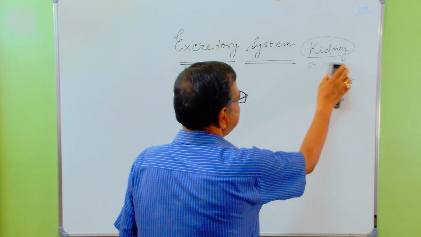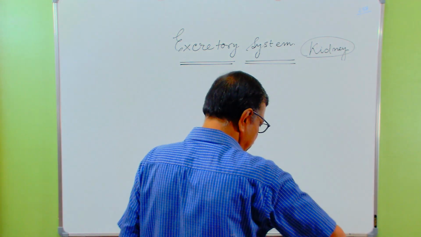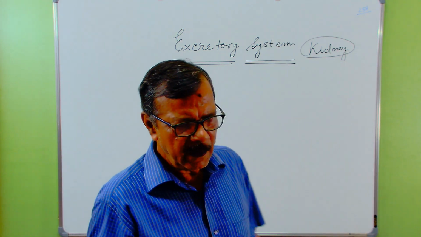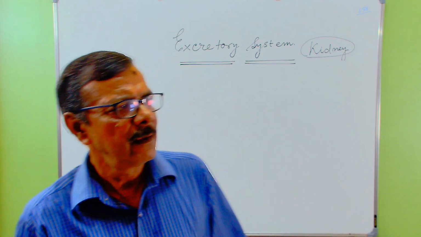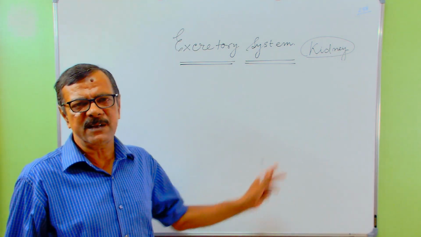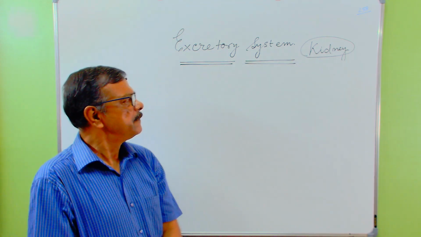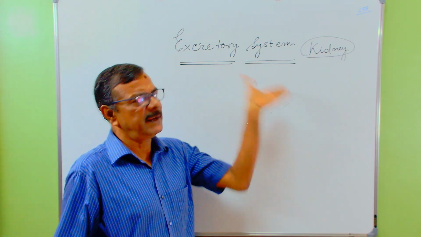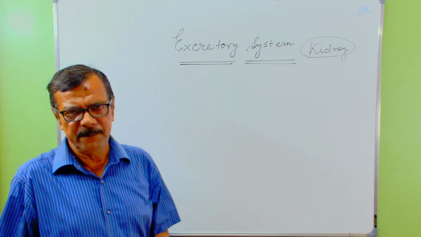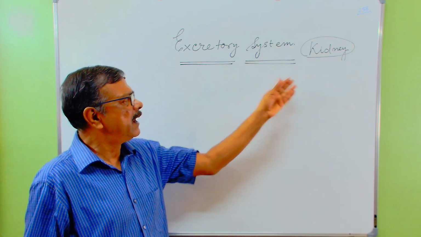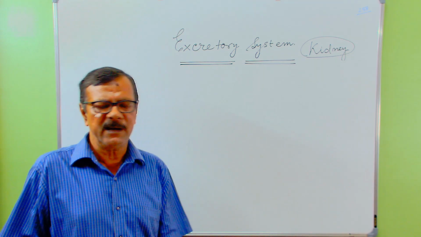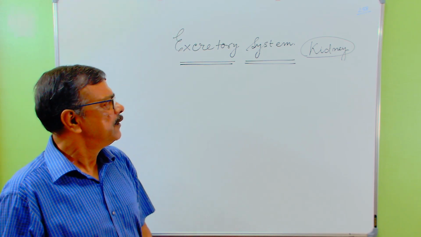Now, we all know that the kidney excretes urine and it consists of this and that. But firstly, we should understand how it is supplied with blood. The blood goes into the kidney and thereafter it excretes urine.